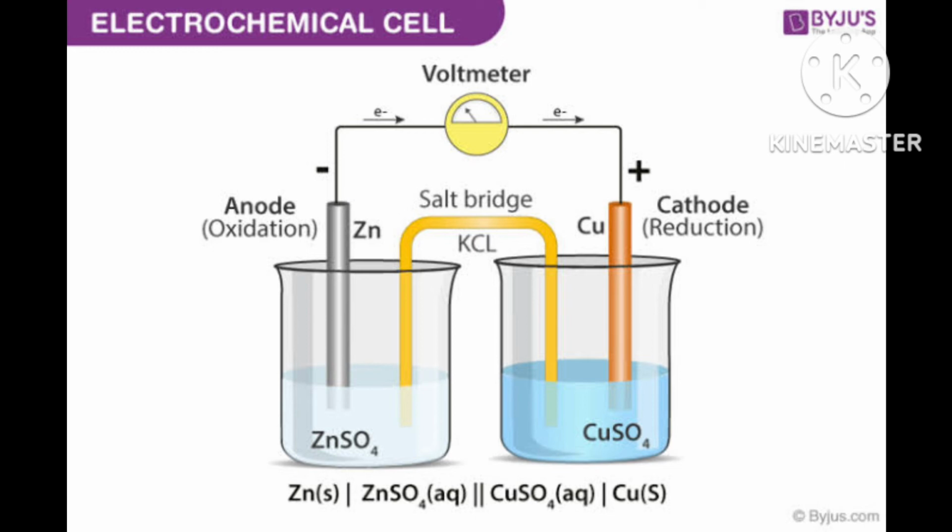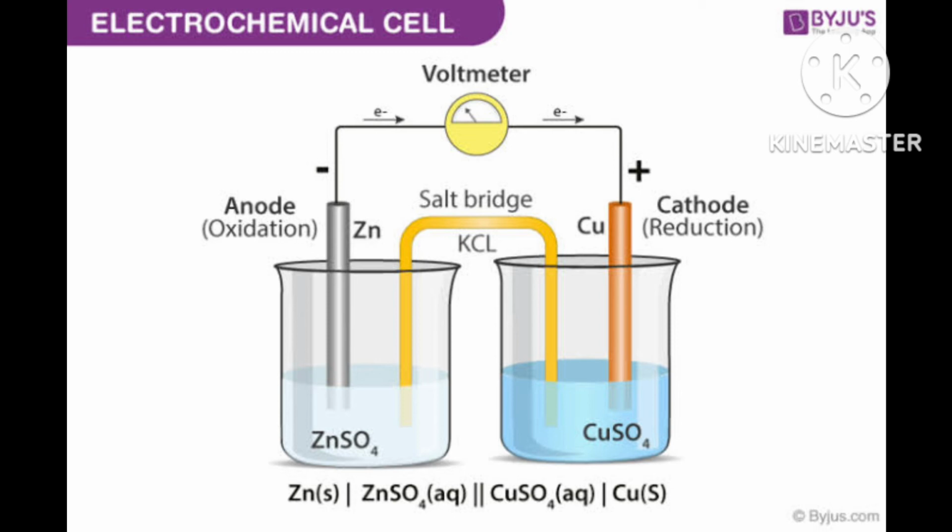Here a reduction is going on, and the tendency to gain the electron is called reduction potential. It has a natural tendency to gain the electron. The potential involved in the reduction process is called reduction potential.